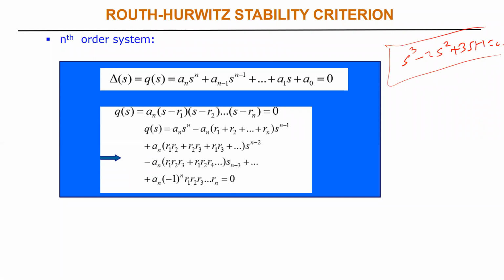If you find the roots, you will have at least one, no, two in this case. I have two sign changes, because this is positive, negative, positive. Two of the roots are in the right half plane. Or s cubed plus 3s plus 1 equal to 0. This is also unstable because the coefficient in here is missing.